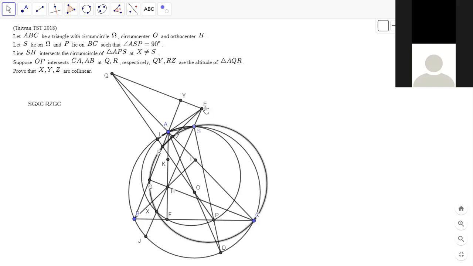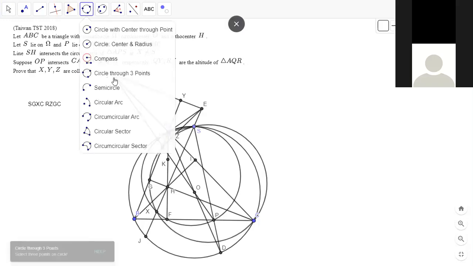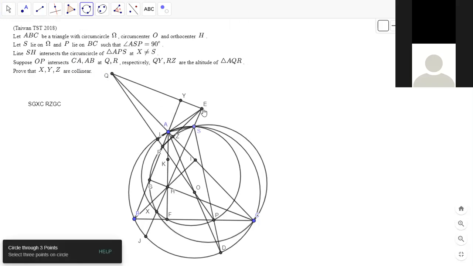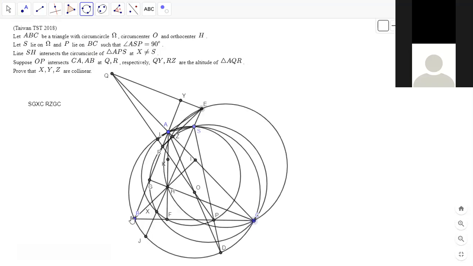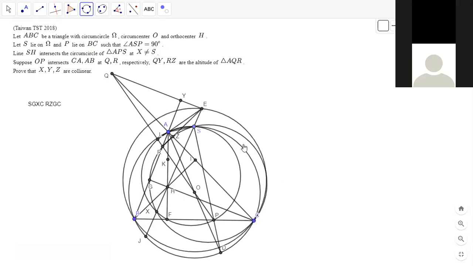Okay, so we have a perpendicular. Do we have CG perpendicular to EX? Let's see, CG and EX.